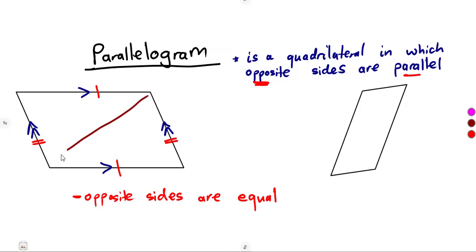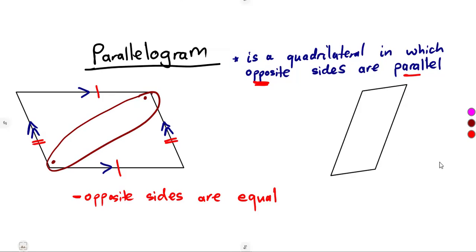The angles that are opposite are also equal. This one will be explained later, as you approach grade 9 and grade 10 mathematics, because we have those properties of parallelograms. But for your level, for now, just know that opposite angles are equal.